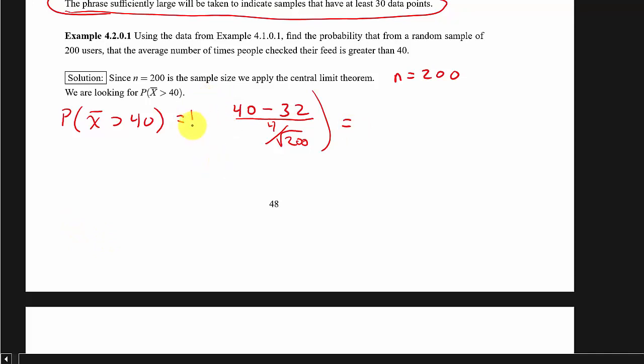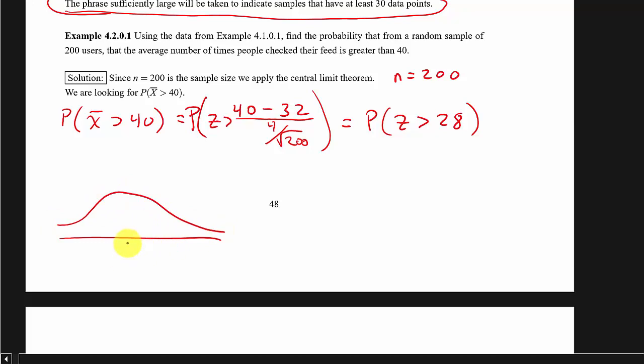So this should be the probability that z is greater than 28. Remember, there's 0 and here is z equals 28, and we're looking for the area to the right.